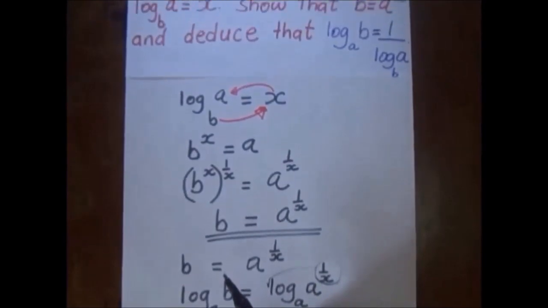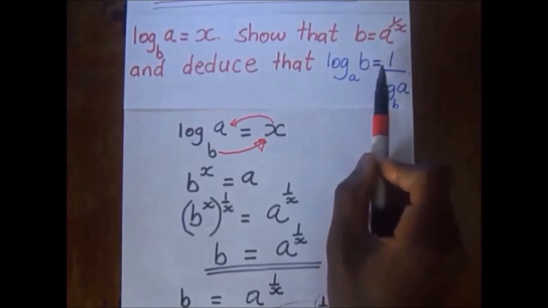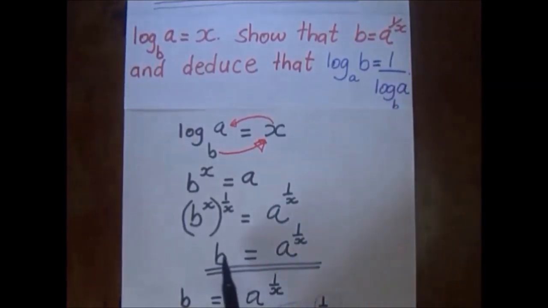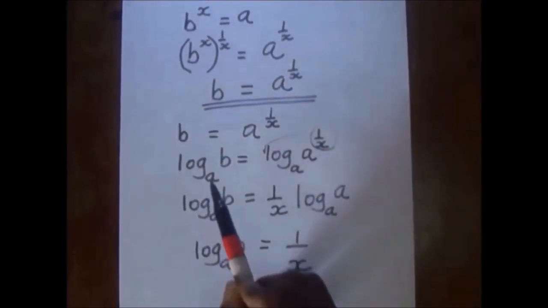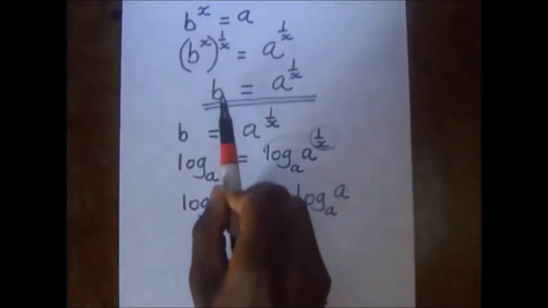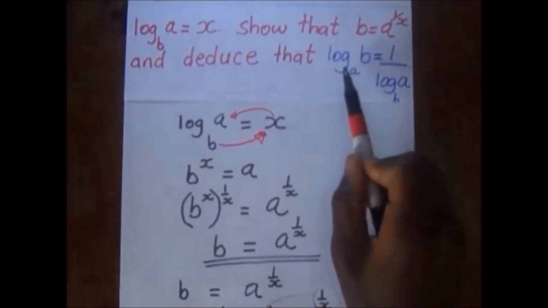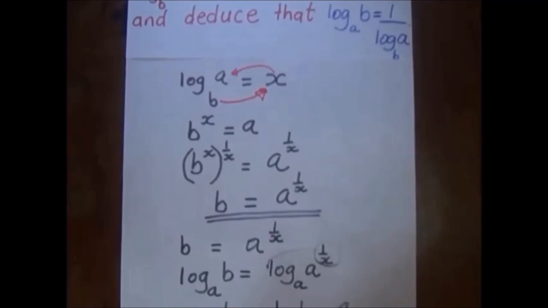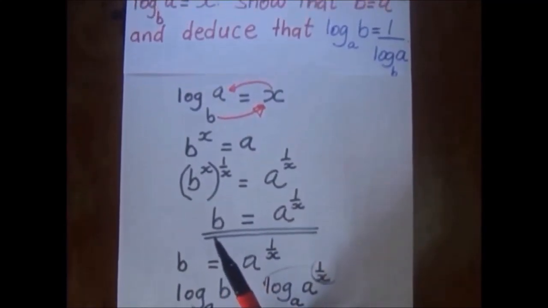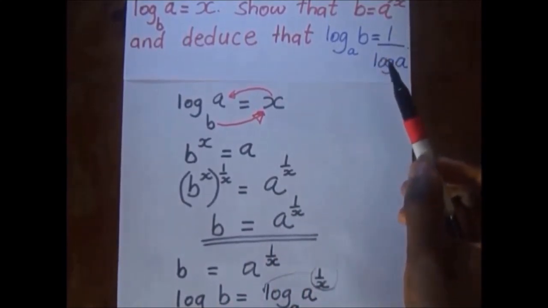The question goes ahead to tell us that we should deduce that log of b base a is equal to 1 over log of a base b from this expression. Since we are coming from that expression, we are going to put log base a on both sides. Why? Because if you look at the expression that we have been told to deduce, there is log a throughout. So we are simply supposed to take log base a on both sides.